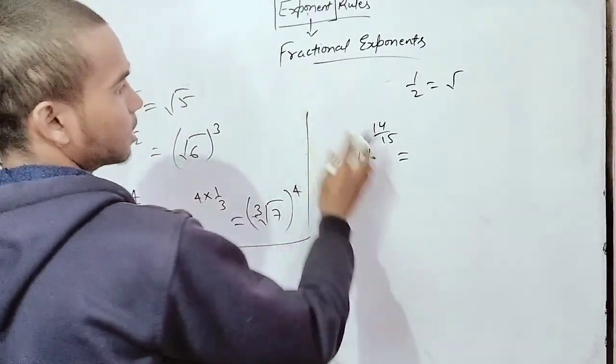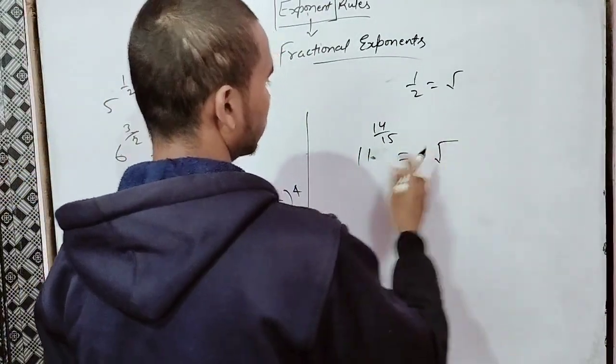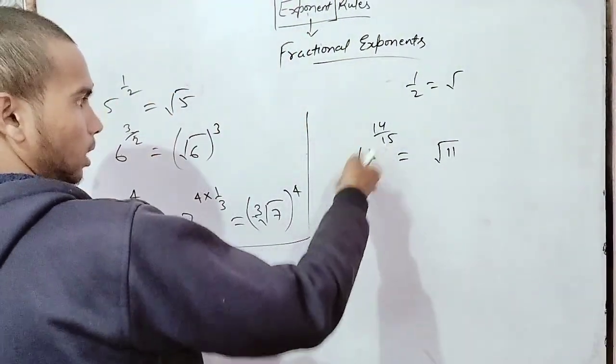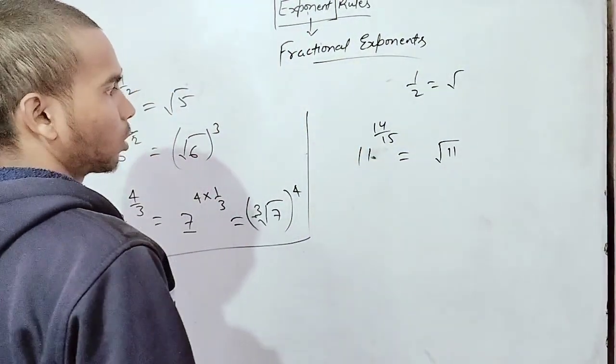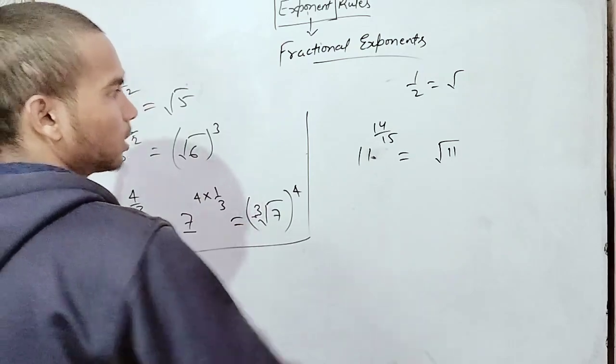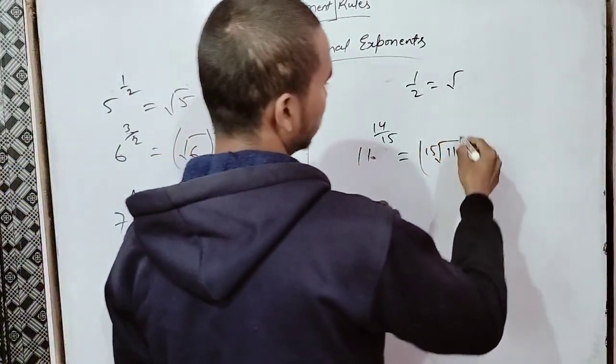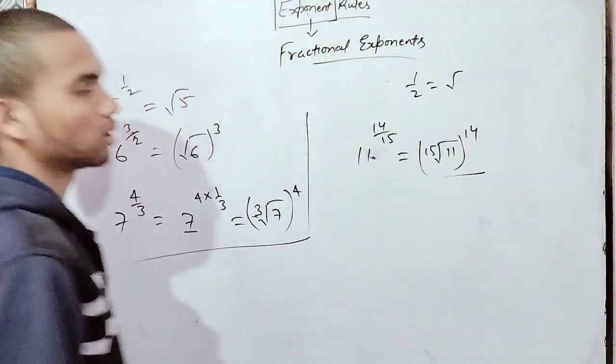It says that it can be written with x under root, and the denominator of our fraction will be written here, and the numerator will be our exponent like that. Clear?